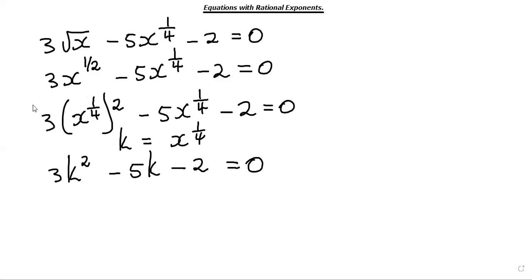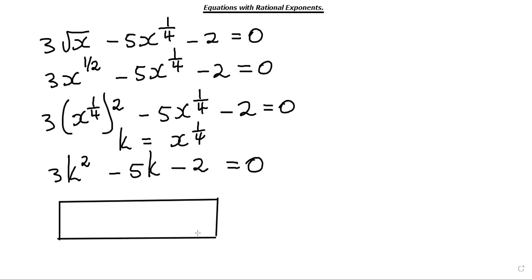So in order for us to factorize, we have to go and use a table where we list factors of the first term and of the last term. Because here we see that the coefficient of k squared is not 1. So it's a little bit advanced. So 3k squared, we can write it as 3k times k.